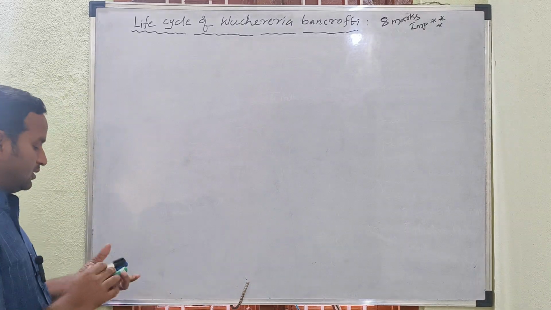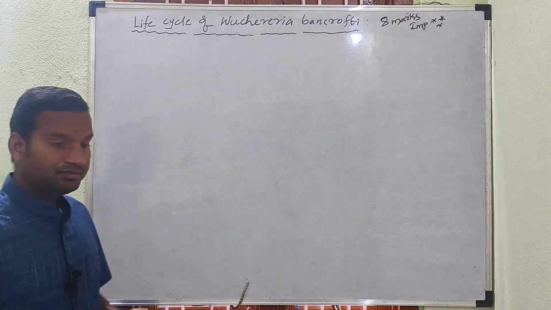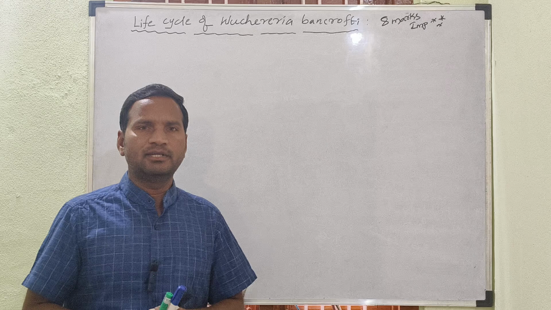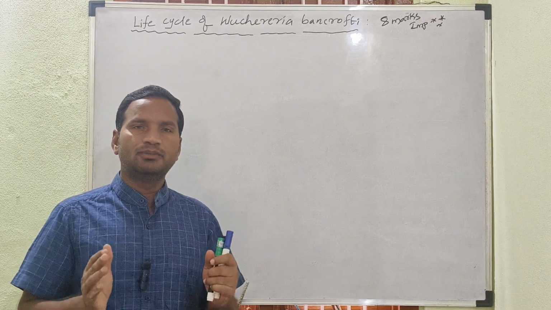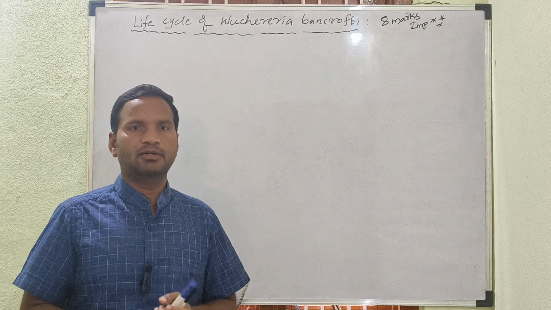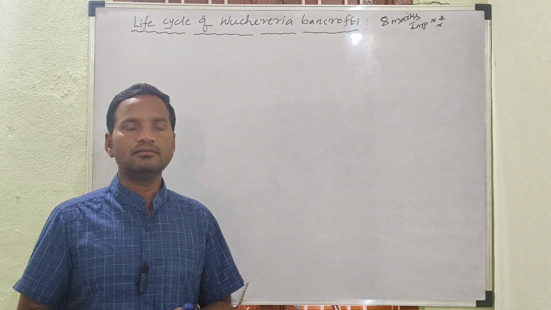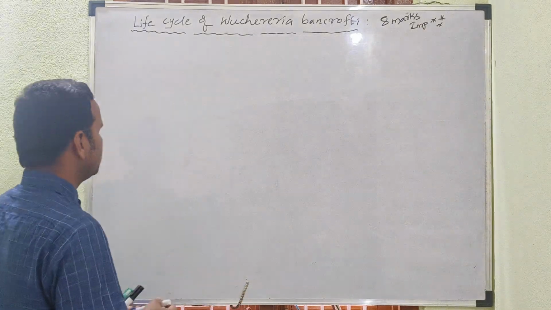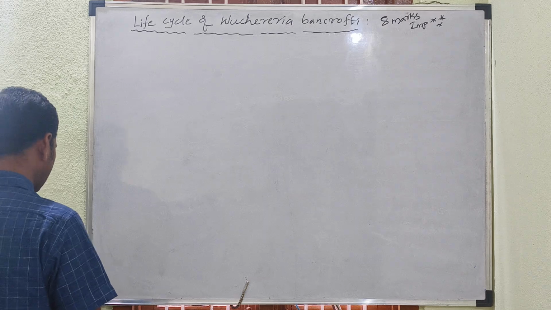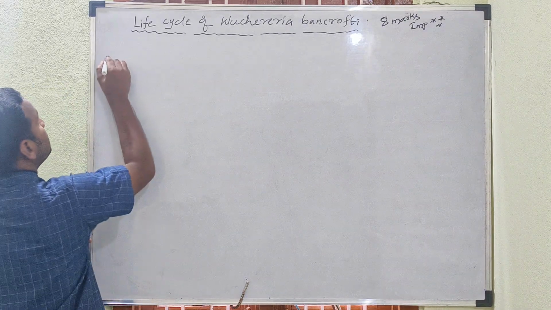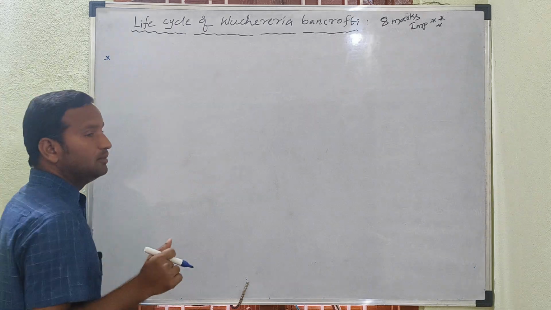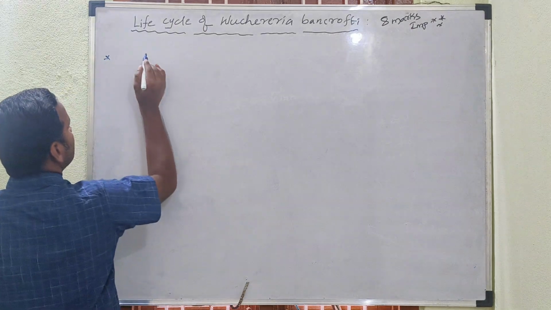Now let us discuss it. Wuchereria bancrofti is a parasite which belongs to the phylum Nematoda. The first point is that it is a parasite that belongs to the phylum Nematoda.